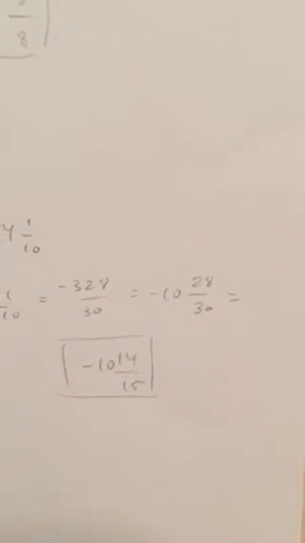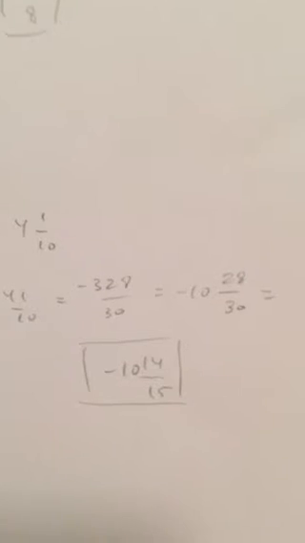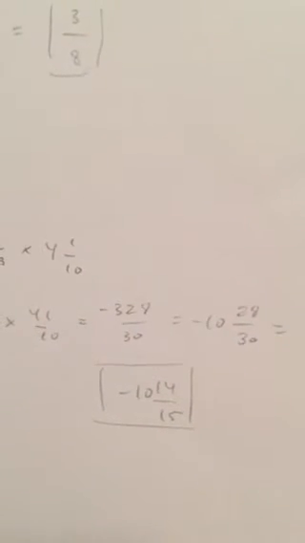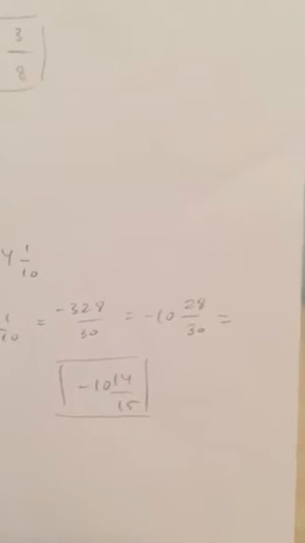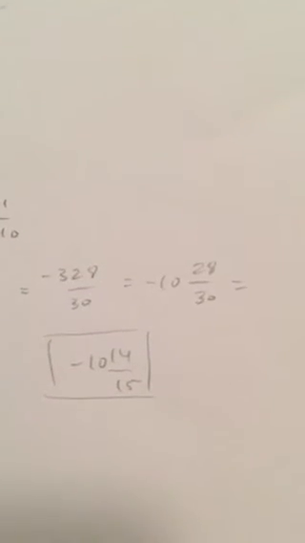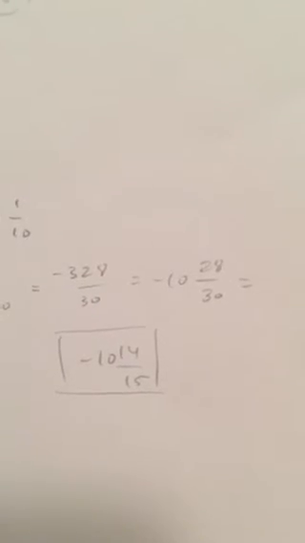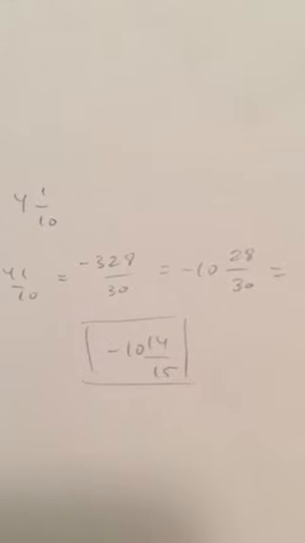Negative 328 over 30 is equal to, now we turn it back into a mixed number by asking how many times 30 goes into 328, and it's negative 10 and 28/30ths, which can be simplified by dividing the fraction 28/30ths by 2, which is the greatest common factor of those two numbers: negative 10 and 14/15.